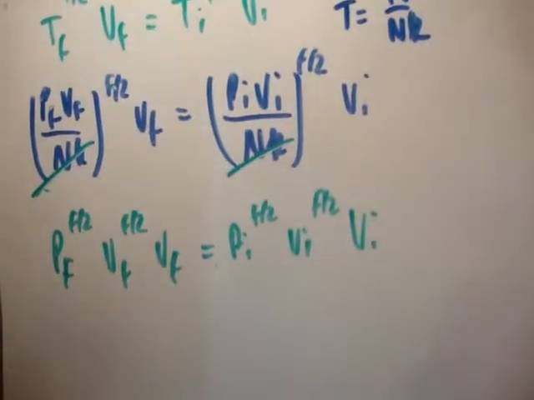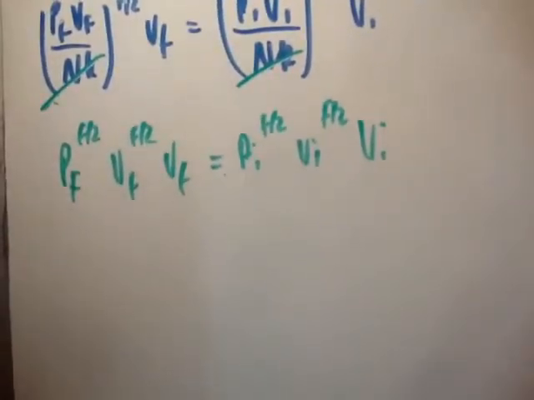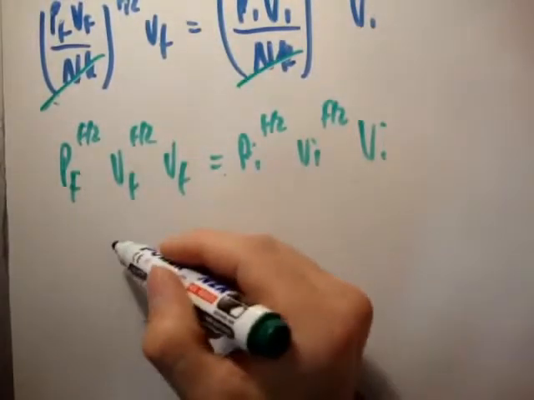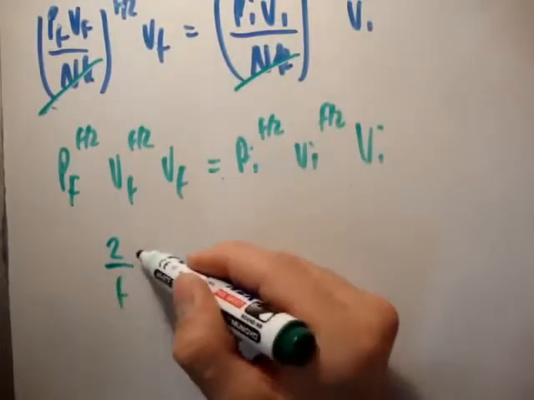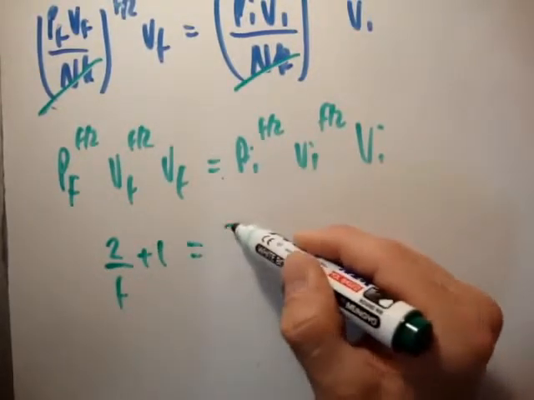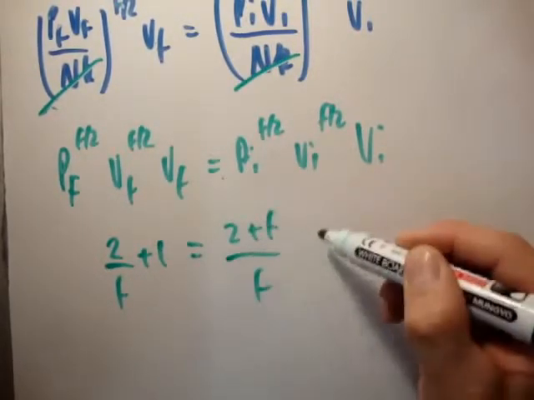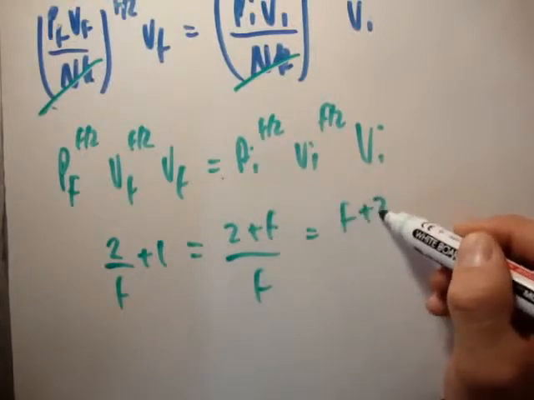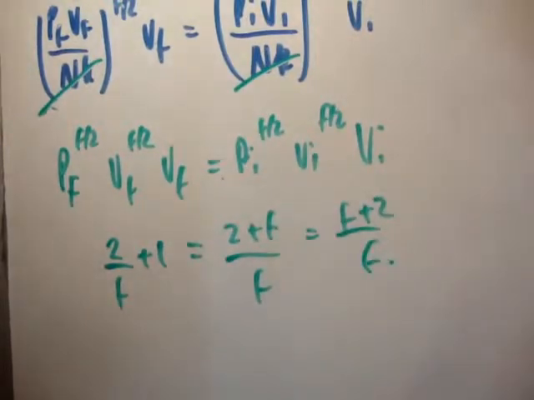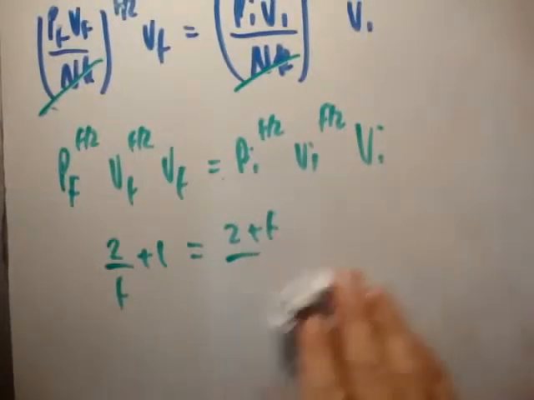Now, all good, we're doing well so far. Now the next thing we need to do is note the following, that 2 over F plus 1 is equal to 2 plus F over F, which is equal to F plus 2 over F. Just note that, it's just a small bit of perhaps useless algebra, but we'll see, it's actually quite useful.